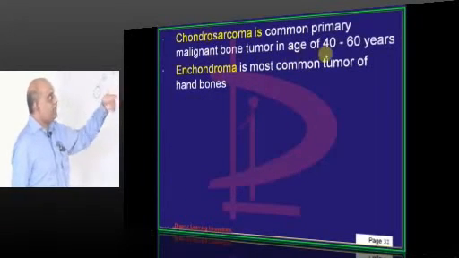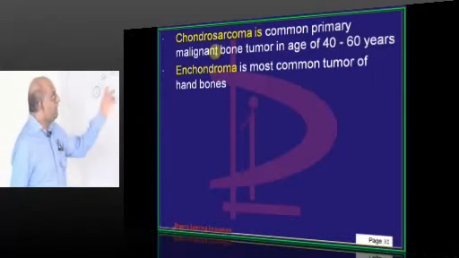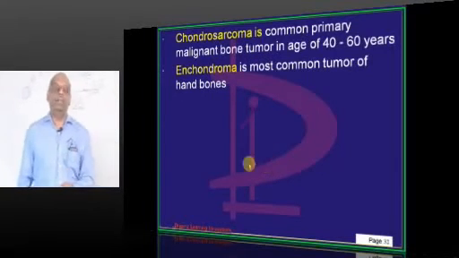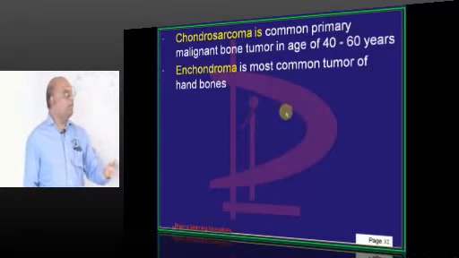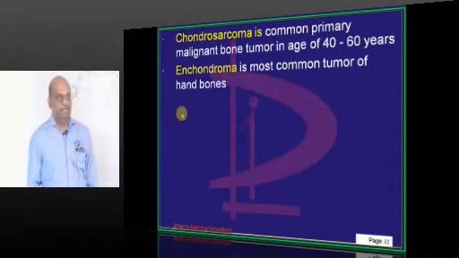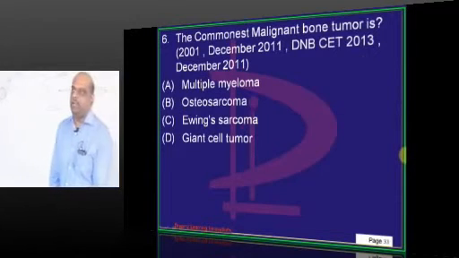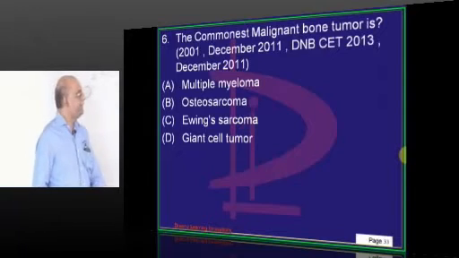Whereas in case of 40 to 60 years, if the question is asked what is most common, that becomes chondrosarcoma. And what is the most common tumor of the hand bones? Hand bones will be enchondroma is what you have to ultimately remember. So you will remember me in the exam hall while answering the most common question.